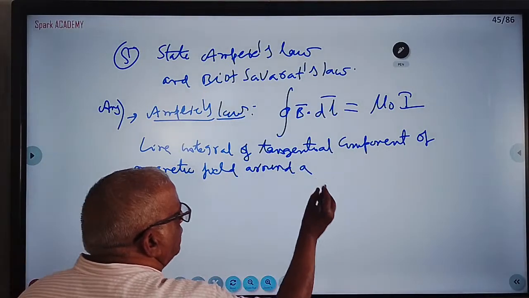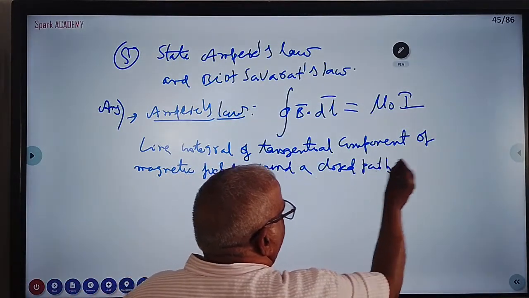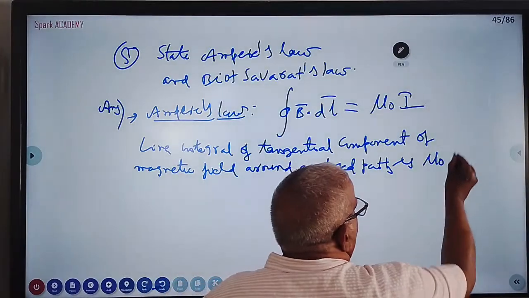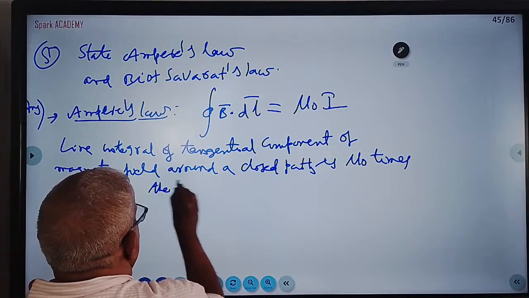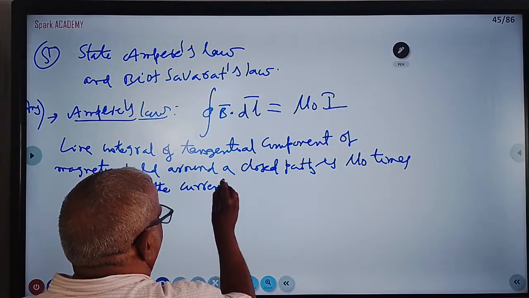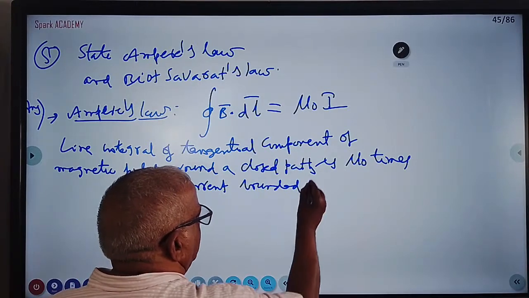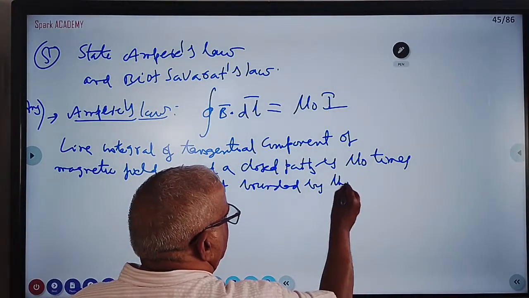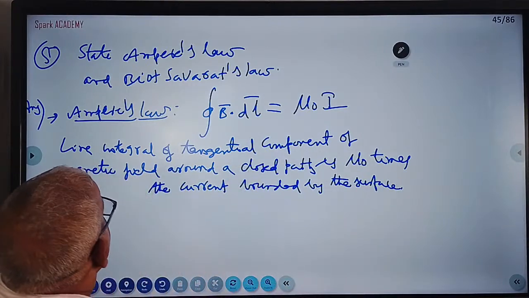Around a closed path means circular path. Around a closed path is mu naught times the current bounded by the surface. Okay, this is Ampere's law.